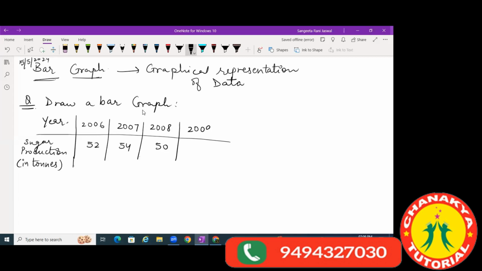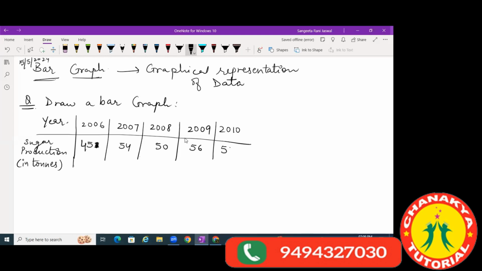Wait a second, I'll change the data here. Don't write 52, 50 because these are very close. So let's take some other numbers. Okay, I am just taking 45. Please change these numbers.